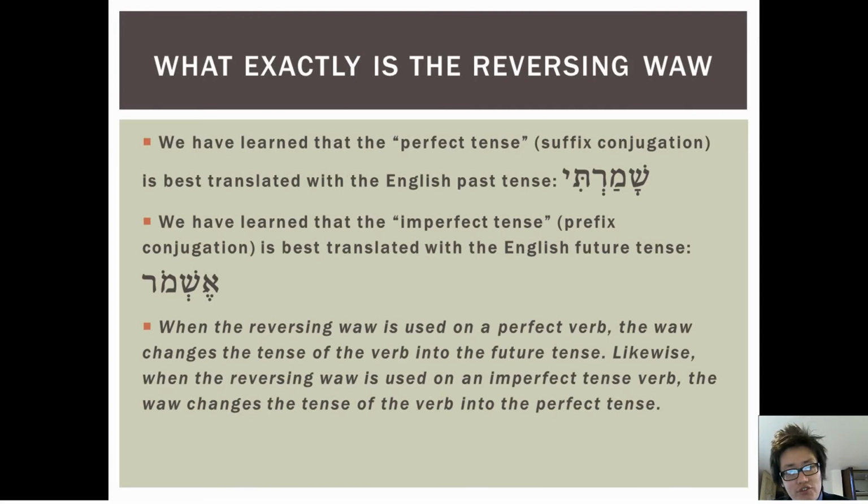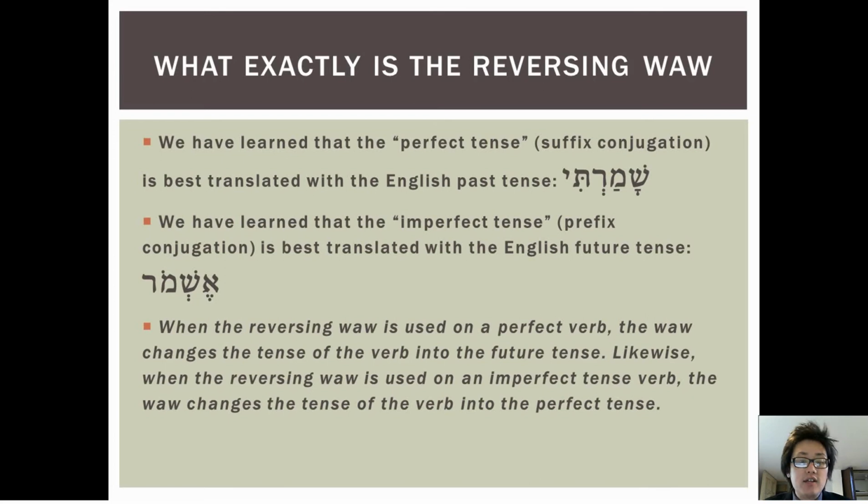Now, what's this reversing vav all about? In short, the reversing vav is going to flip those rules on their heads. So here's the big rule that I'm going to reiterate over and over again throughout this lecture, and that we're going to cover all throughout the week.